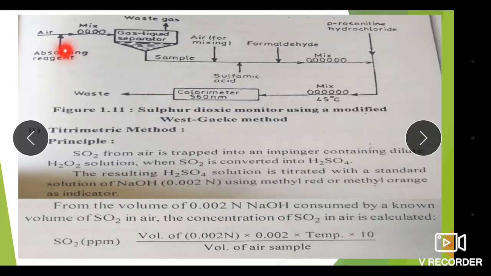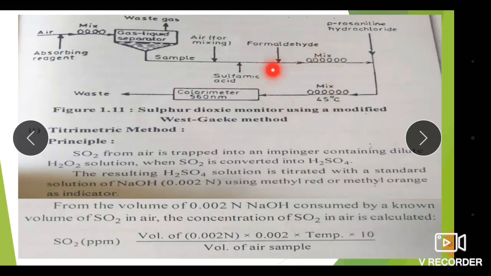Air is passed by the absorbing reagent, that is mercuric chloride, and after mixing with this, the gas-liquid separator is there, where the N2 gas is separated from the SO2. Then the sample of air is mixed, and here we add sulfamic acid for the removal of the NO2, then formaldehyde is added, then the mixture is made with SO2, and then para-rosaniline hydrochloride is added and mixed at about 45 degrees Celsius.